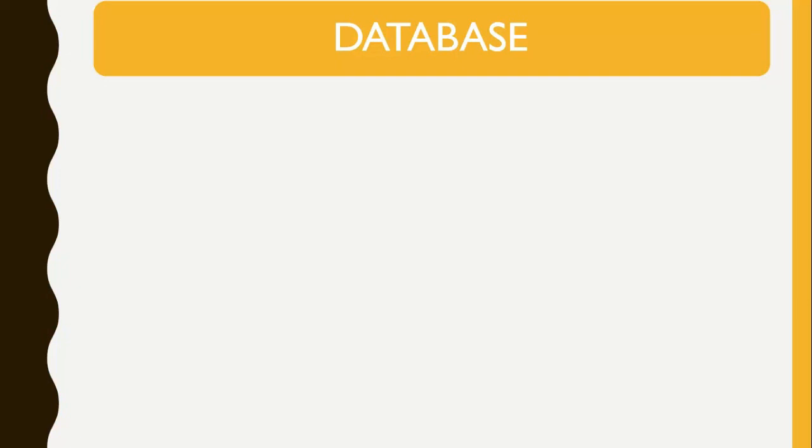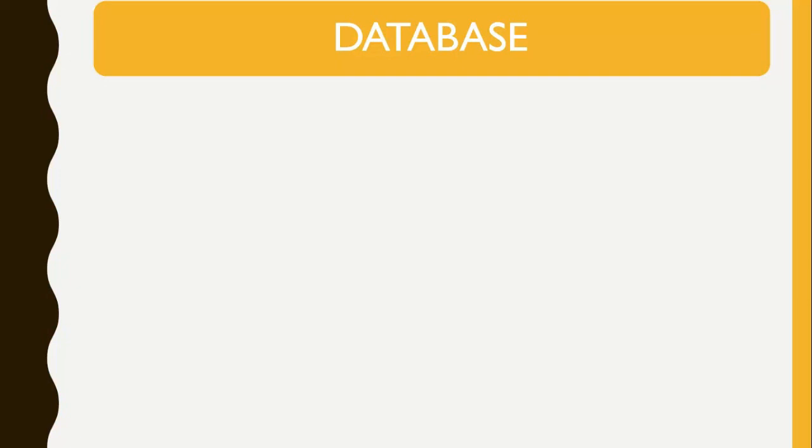So data is a collection of raw facts and figures which don't have any existence, and you can say data is all meaningless. It is not giving us any information.